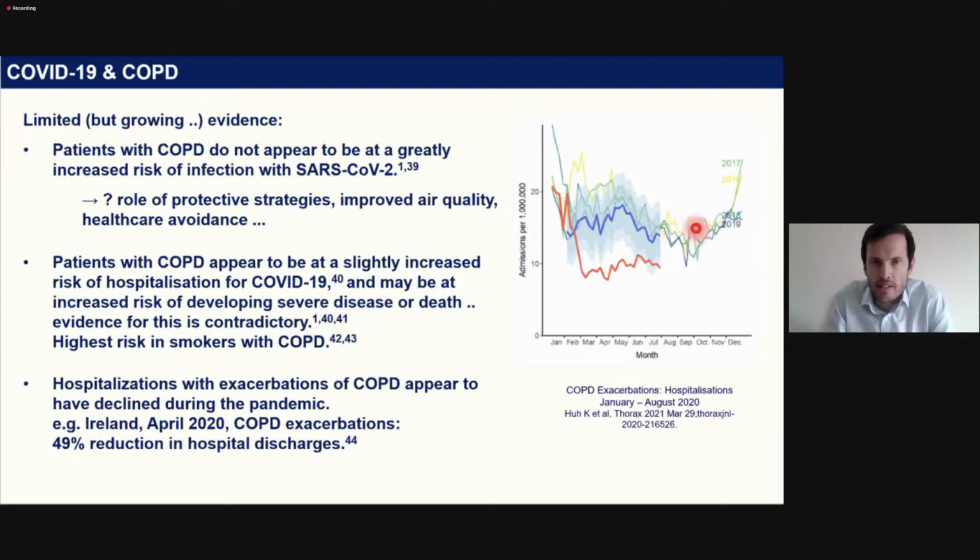This recently published data from South Korea shows a similar finding. It shows a sharp decline in the actual number of hospitalizations with exacerbations of COPD, shown by this red line, compared to the expected number of hospitalizations with COPD, as shown by the blue line, compared to previous years. And again, the effects of protective strategies and possibly healthcare avoidance are likely to be at play here.